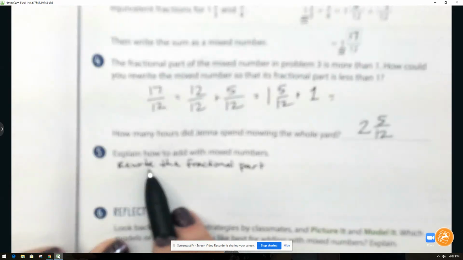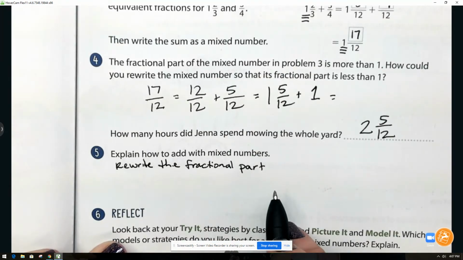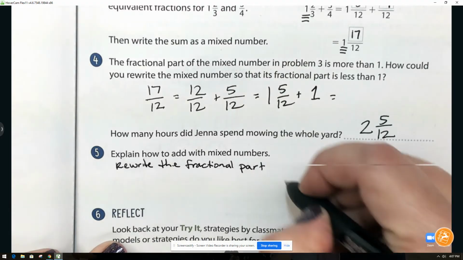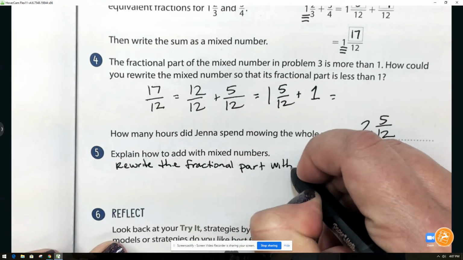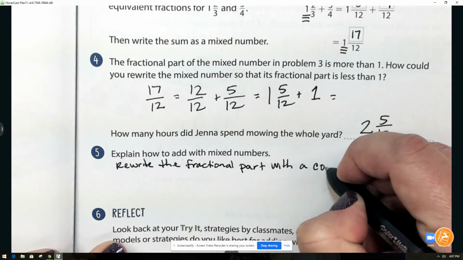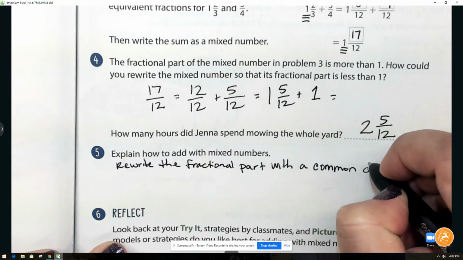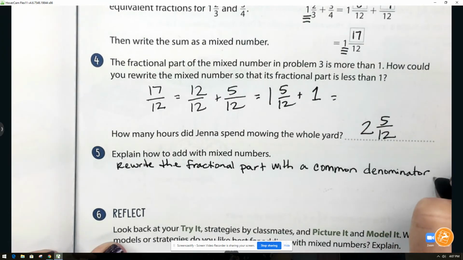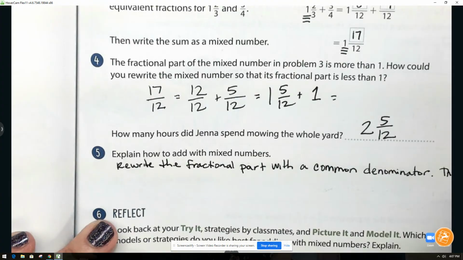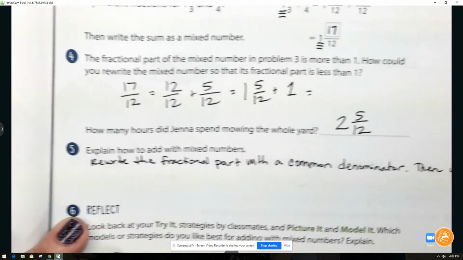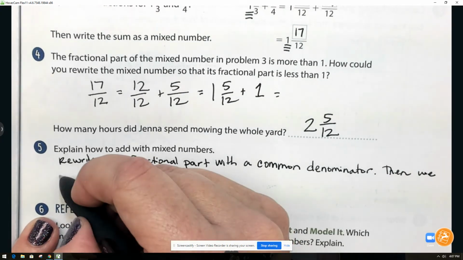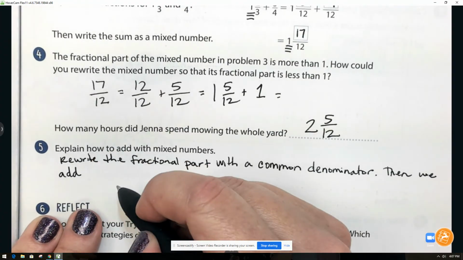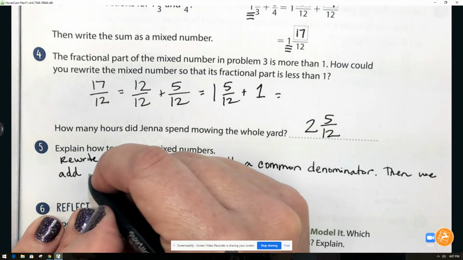So we're going to rewrite the fractional part with a common denominator. Then we add the fractional parts.